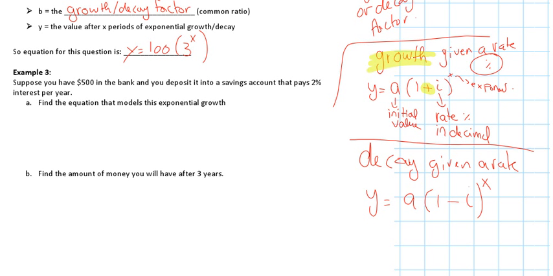So if I look at this question, suppose you have $500 and you deposit it into a savings account that pays 2% interest per year. Find the equation that models this exponential growth. Eyes on the board, please.